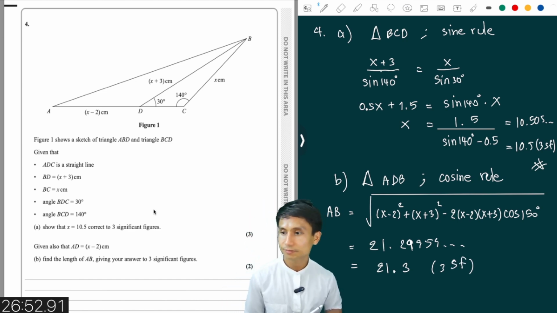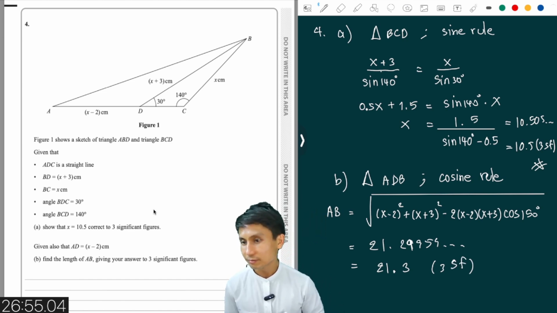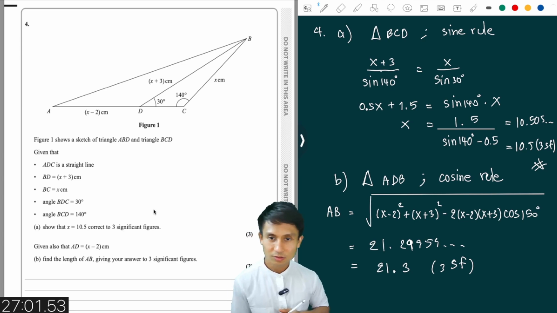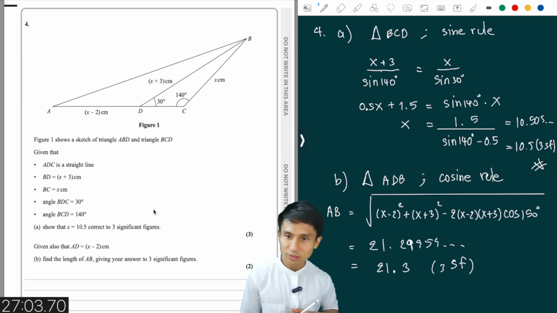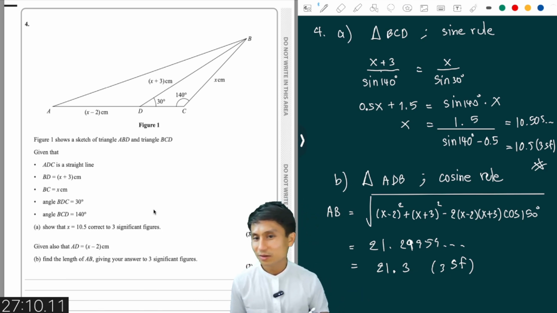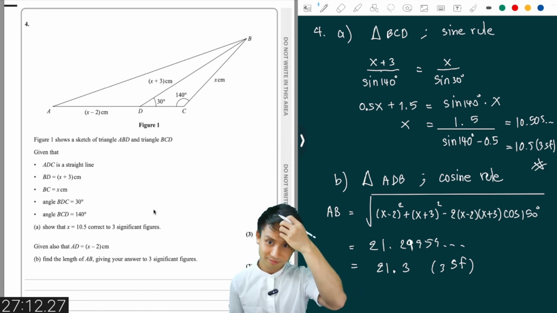Right? Okay. Let me check if I put everything in fine. Yeah, I hope so. 21 makes sense because x is about 10. That should be longer. Well, it may not be, but the figure is probably not to scale, I hope.